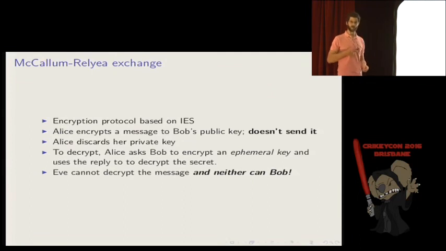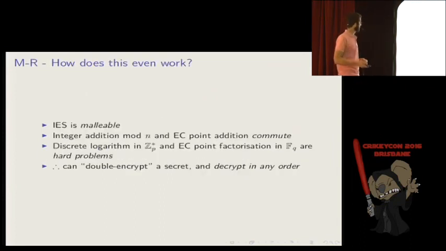And a different one will be used for each decryption cycle. And then she can use the reply from Bob to decrypt the secret. So Eve can't decrypt the secret, and neither can Bob. Bob can never learn what the secret is. So this accomplishes our goal of having a way to compute or acquire a key without any other party learning that key, yet the key can be stored securely on disk.